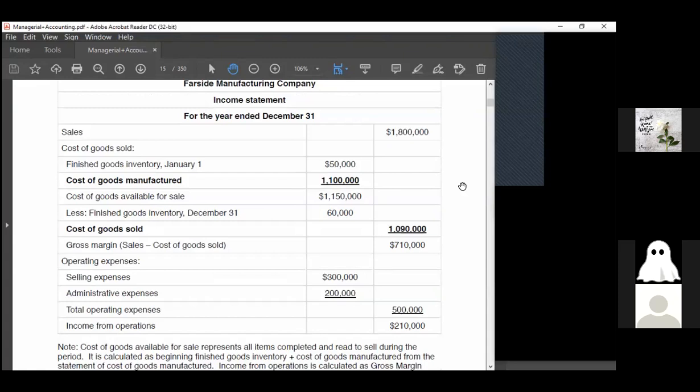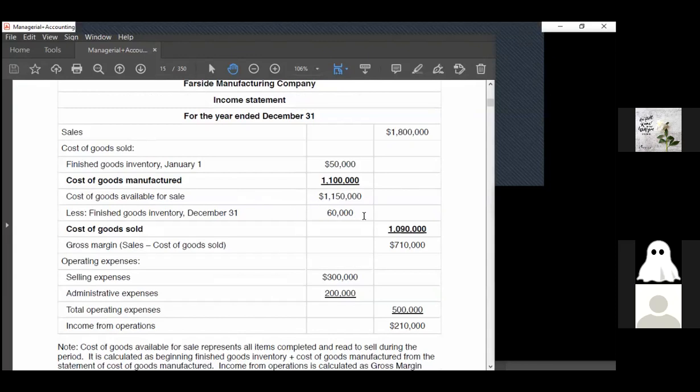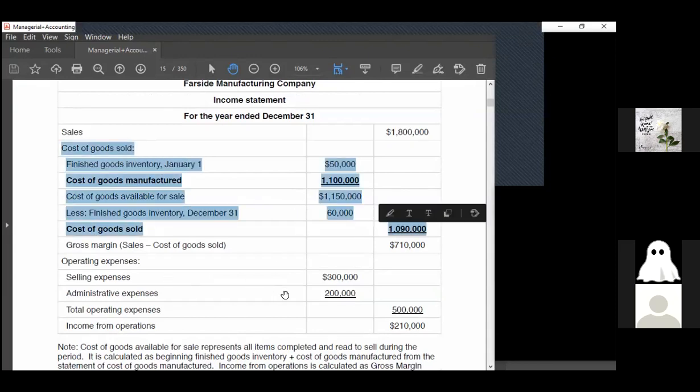Now, in this book, the way they are solving it, they have separated the cost of goods sold from the cost statement, or they have created the cost of goods sold over here. What else can be done is we can calculate the total cost of the company by putting this back into the previous statement.